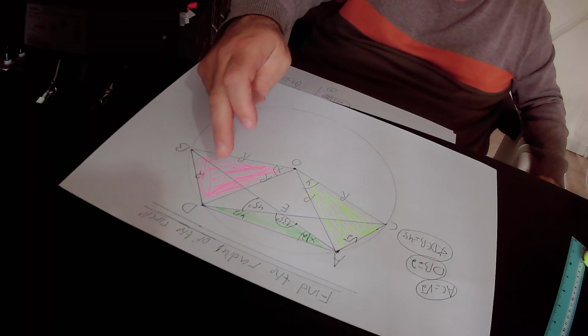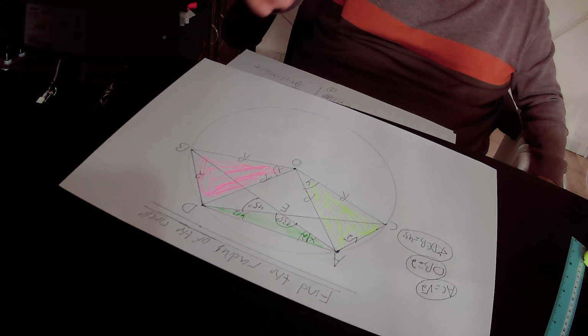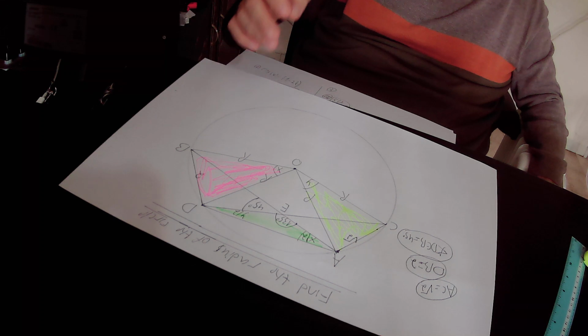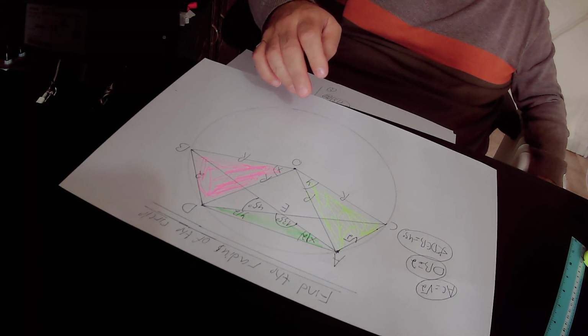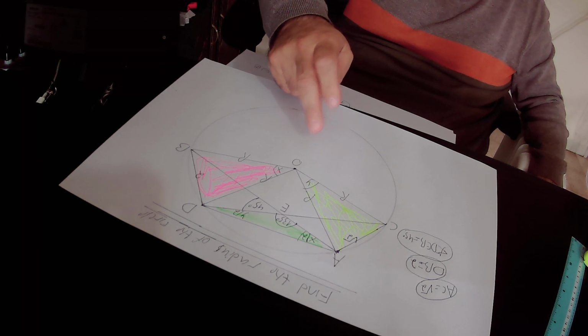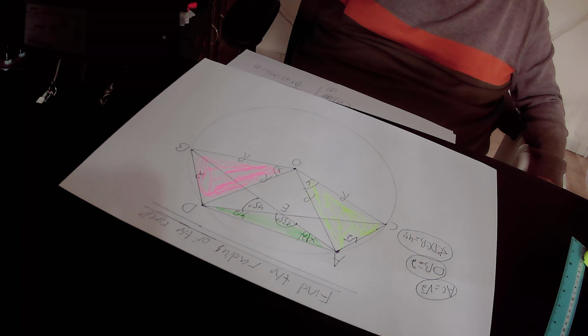Therefore, chord DB is absolutely not the diameter of this circle. Why? Because any diameter of a circle must pass through the center of the circle. And therefore, DB is not the diameter of the circle.